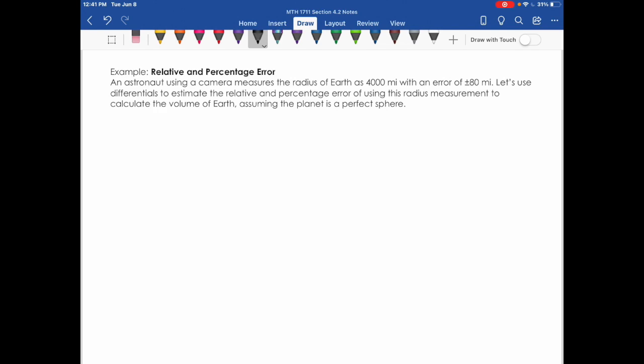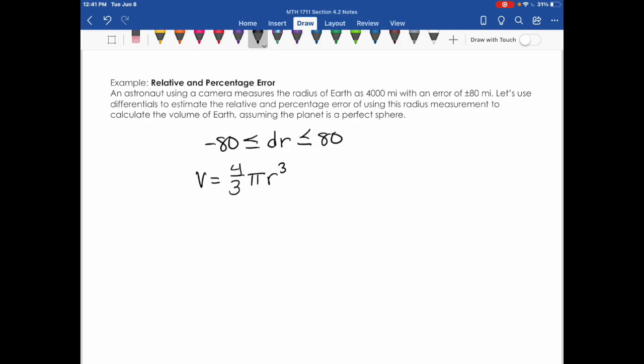The first thing we're going to do is, since we know that the change in the radius of the Earth, which is going to be the error, is plus or minus 80, I'm going to list that down as dr is less than or equal to 80 and greater than or equal to negative 80. And then because the volume of a sphere is 4/3 pi r cubed, we can take the derivative of the volume with respect to r, which is dV/dr.